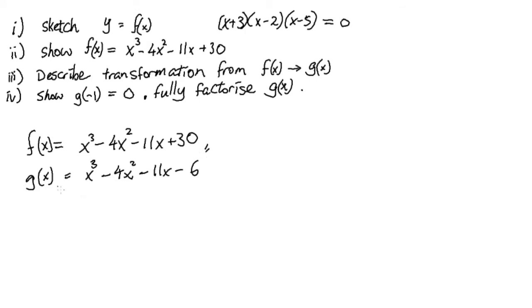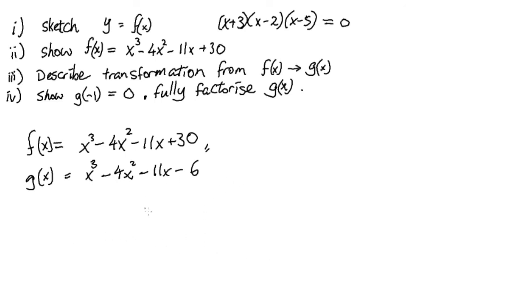The transformation is pretty simple because the only thing that changed is the constant value, and this constant value always represents the y-intercept. Because everything before it is the same, the entire curve is shifted upwards or downwards, so there is no difference in the shape of the curve or its horizontal position.